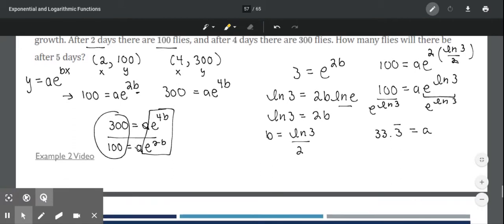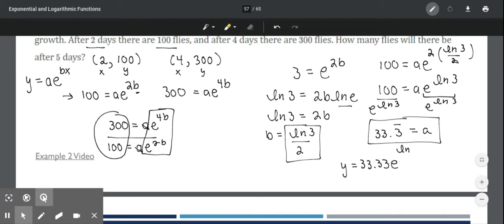So now that we have b and we have a, you could actually write out your equation of y equals a. So we'll say 33.33 e to the b, so the natural log of 3 over 2 times x.